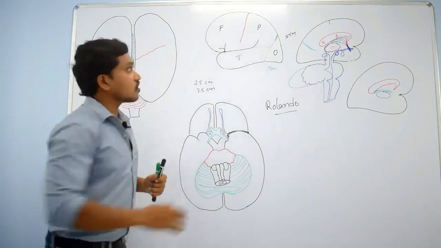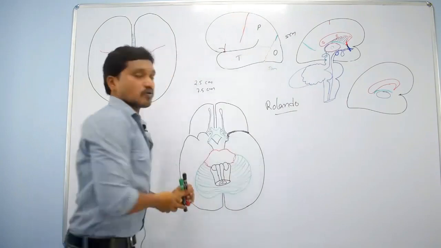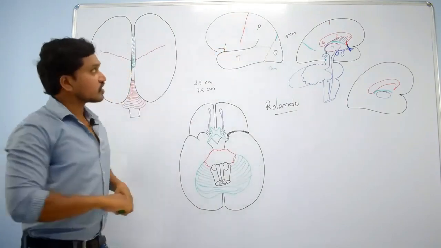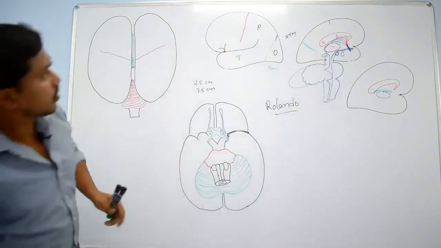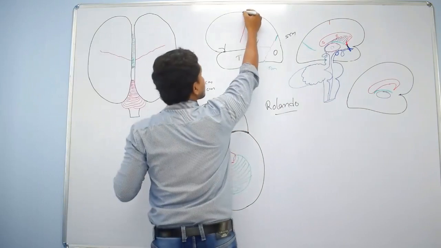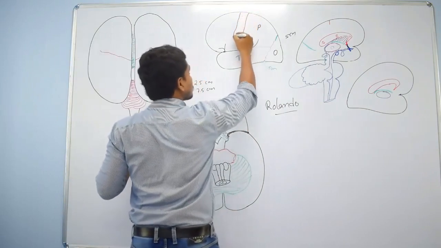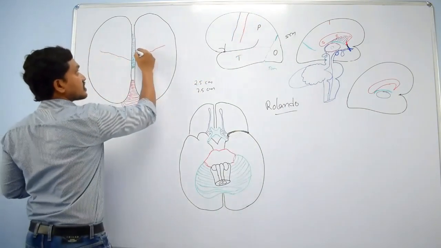So in the frontal lobe, first I am taking frontal lobe, just in front of the central sulcus, you can observe one more sulcus which is extending downwards.